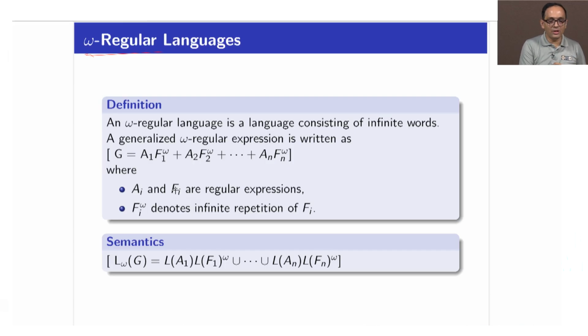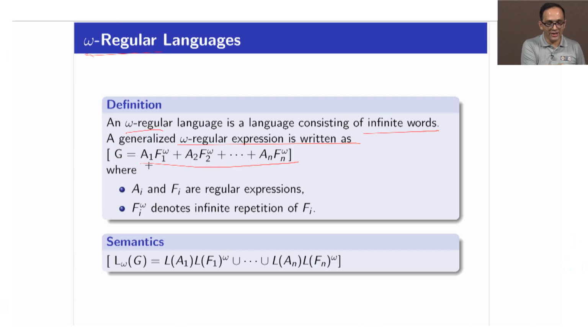So, what I can do is write this omega regular language, which consists of infinite words, as a combination of regular expressions, right. It is basically A1 F1 omega or A2 F2 omega or so on, and then An Fn omega.